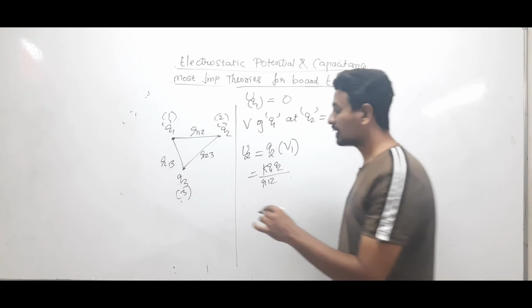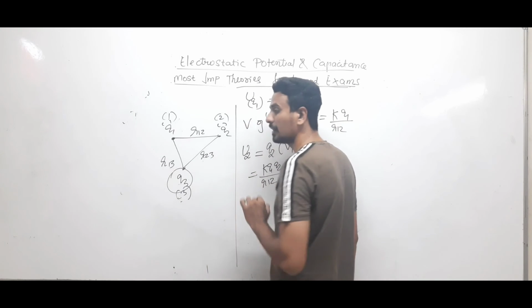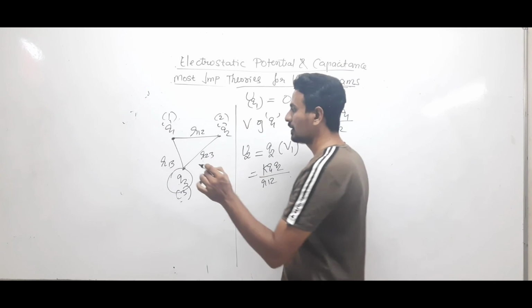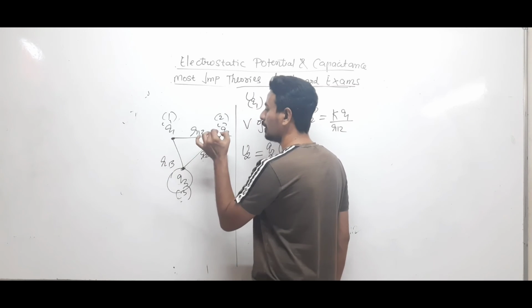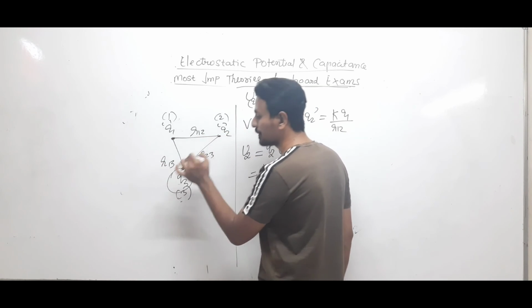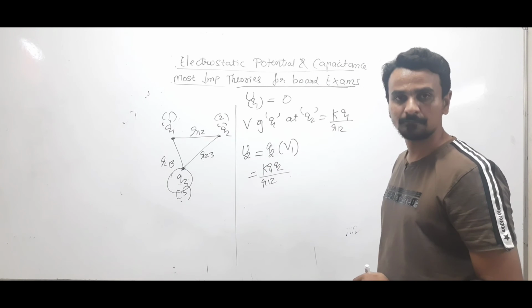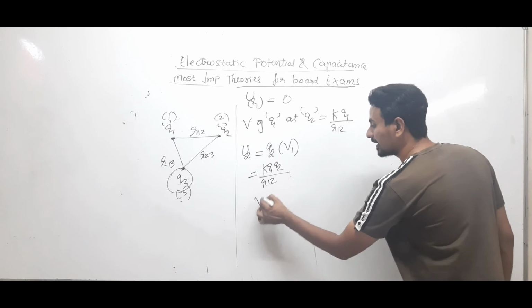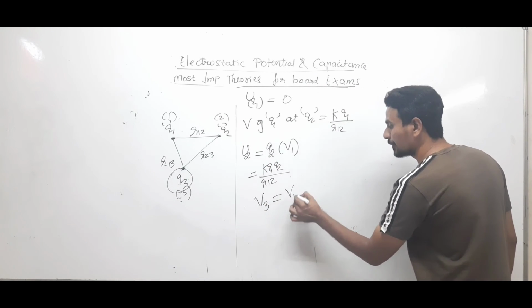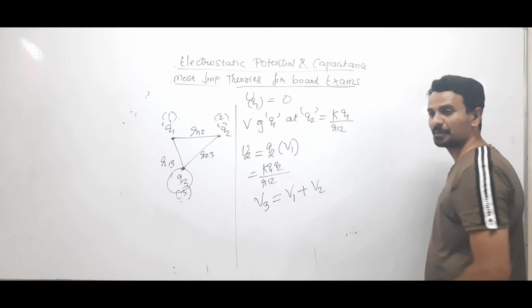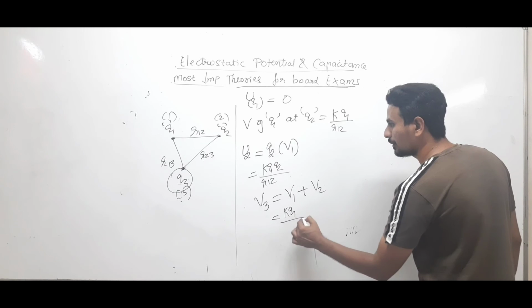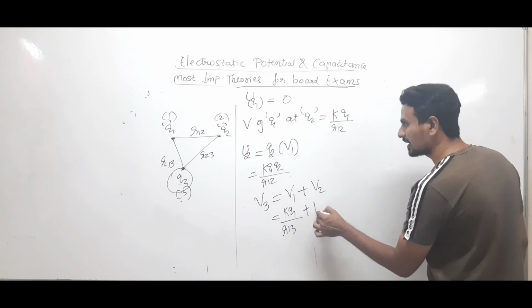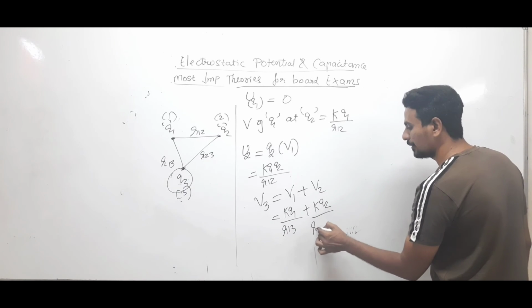Now, when you are bringing the third charge, you will find the potential of 1 at this point. Also, q2 will now produce some potential at the third. So the total potential at the third will be the potential produced by the first charge plus the potential produced by the second charge. That means it will be k q1 upon r13 plus k q2 upon r23.